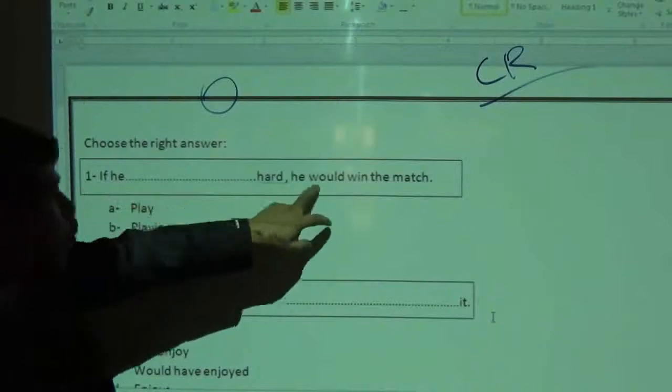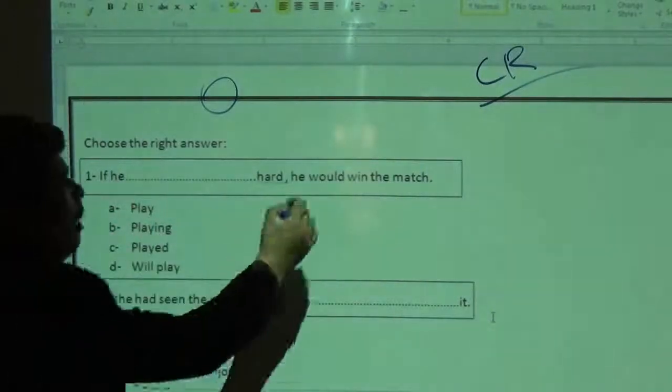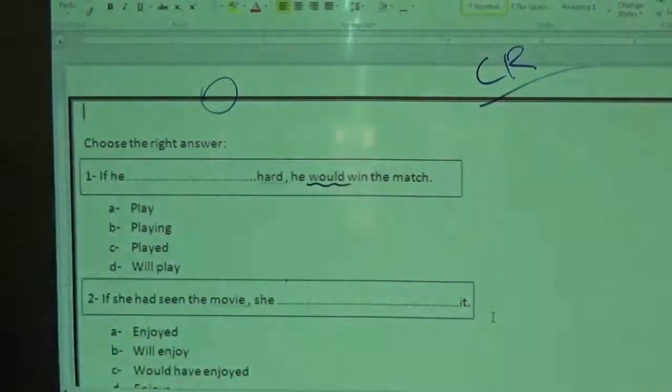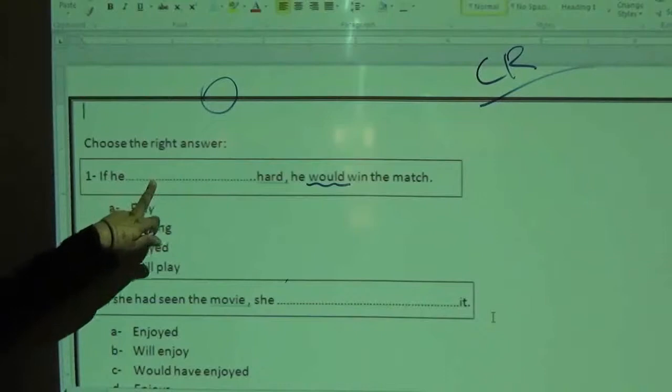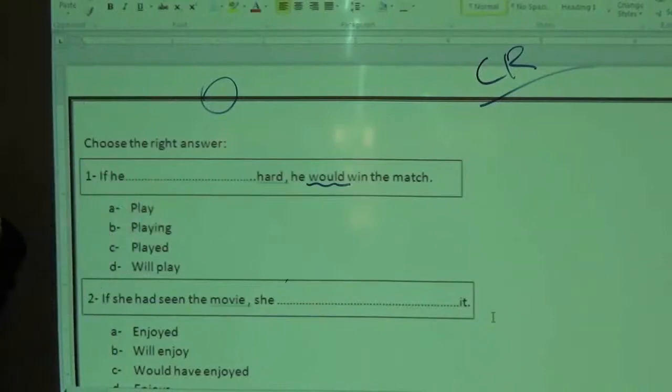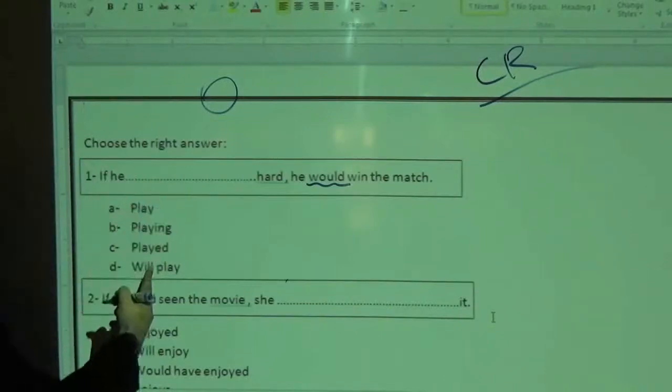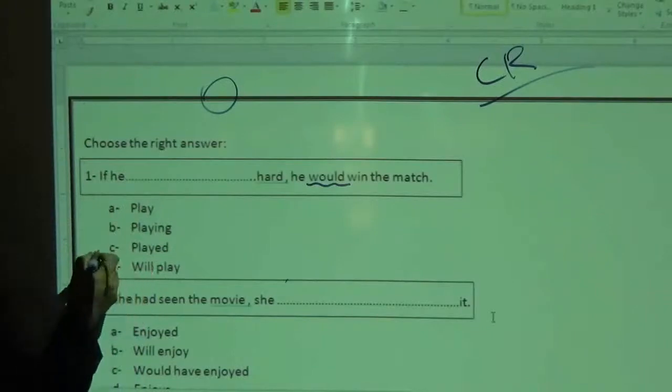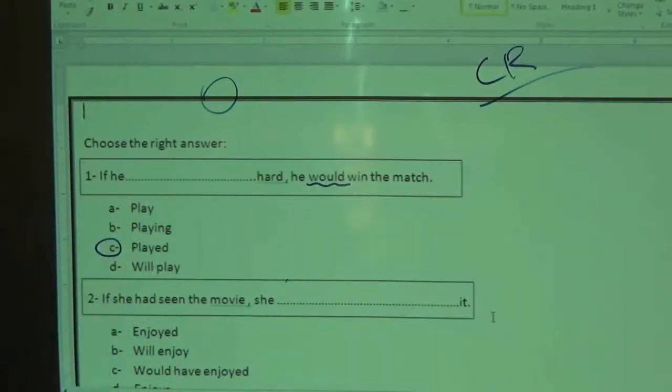Like if conditional, you have 2nd and 3rd conditional here. If he heard, he would. When you have would, that means the 2nd conditional, just would plus infinitive. So the tense here will be the past tense. Where is the past tense here? Past simple tense, it's played. So if you look at number 2, if she had seen, this is past perfect.